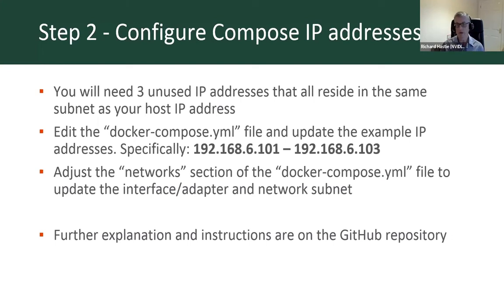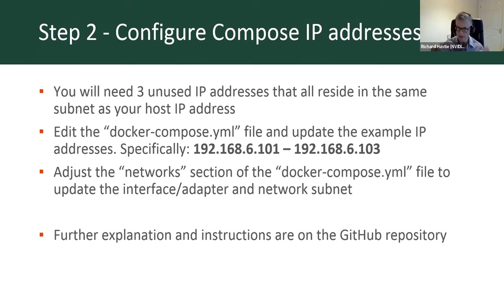Step two is the one bit of the configuration we couldn't do for you. This is because the Docker containers are configured in such a way that they operate literally as virtual hosts on your network. Unfortunately, we don't know the network that you want to run this on. So we need you as a user to give us 3 IP addresses that you need to configure in the file before you run this.